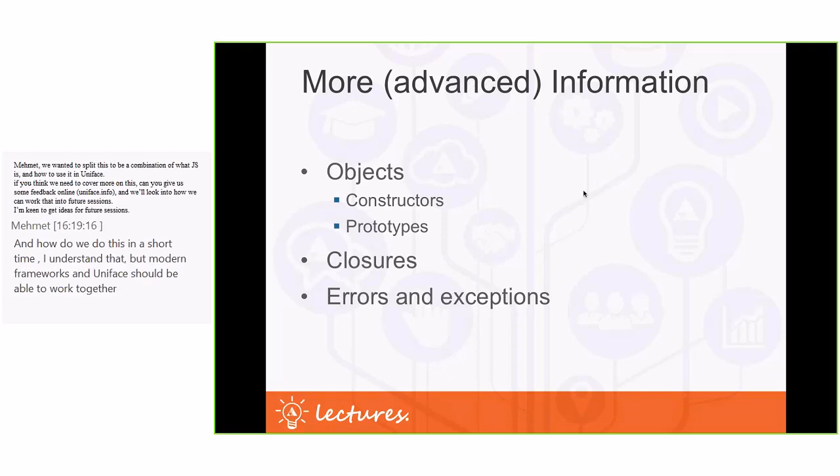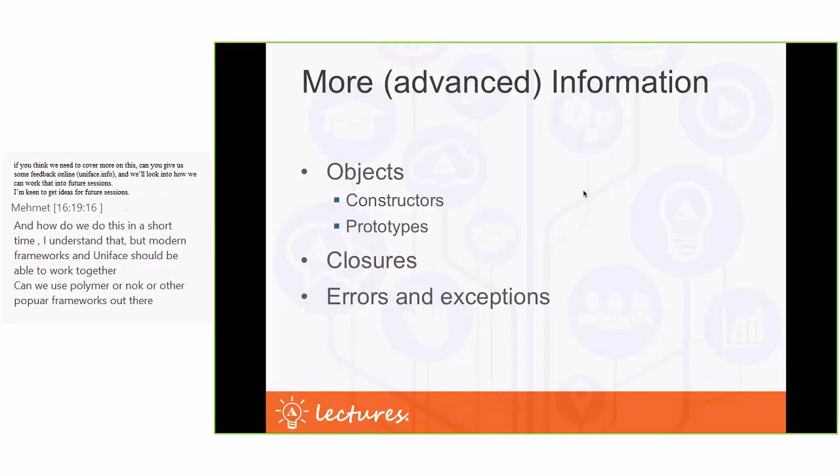These give you a way of being able to create objects which can create separate individual instances with common interfaces and unique data per instance. And so they're very useful. Another important topic within JavaScript, but again an advanced feature, is something called closures.